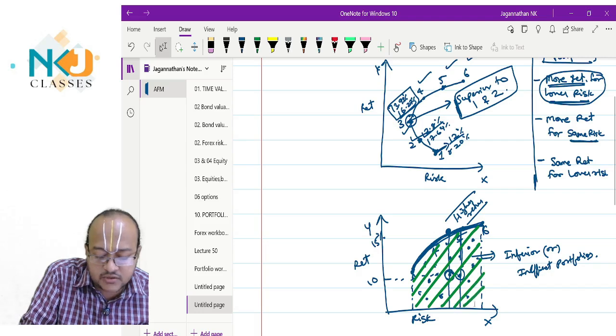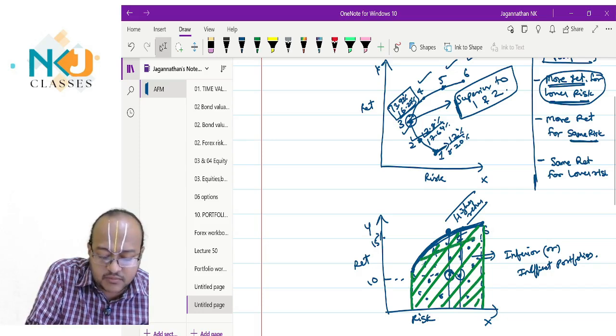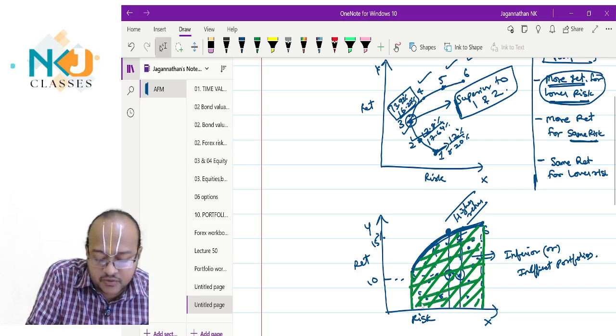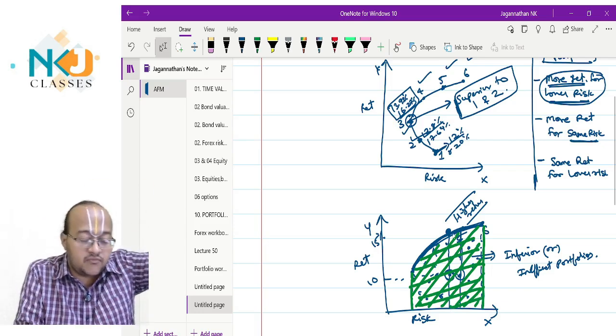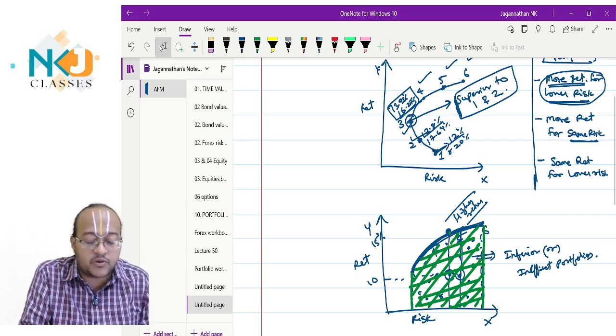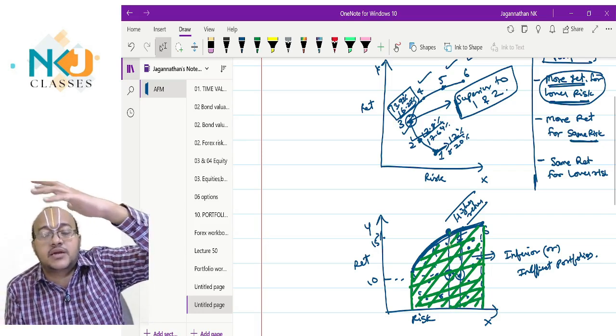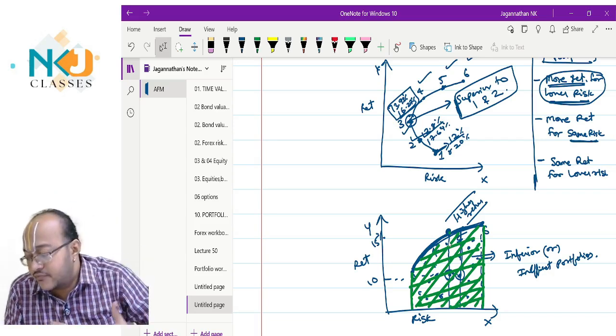Are you all seeing the red marking? Everything below that becomes inefficient. Why? Because for the same level of risk, there will be a point on the efficient frontier which gives higher return for the same risk.